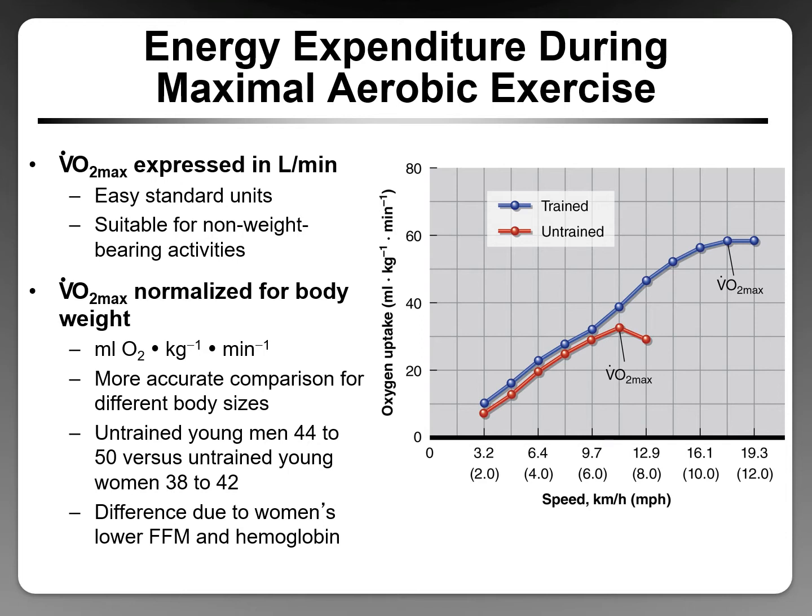That makes sense. Also, we see some differences in VO2 max between men and women. However, this is not due to the capability of men and women. It's mostly due to the body size differences. Also, women have a lower fat-free mass and hemoglobin volume than men, so it's just much more difficult to have high VO2 max numbers.